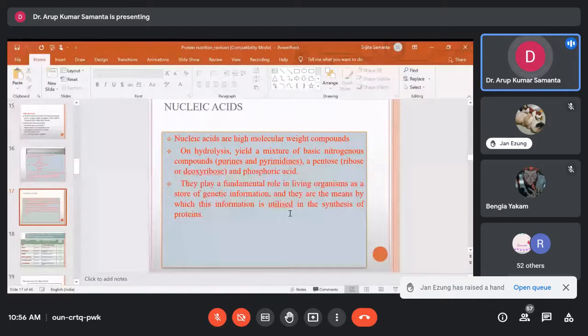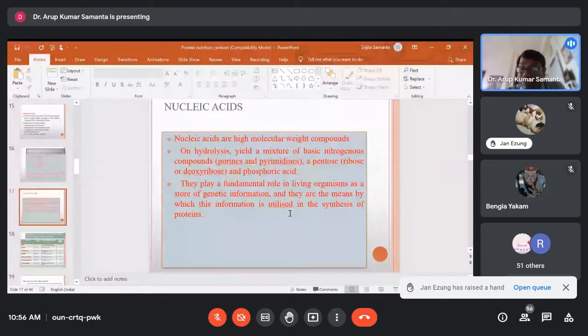So 3 things I told. 1% based on the total dry matter consumption maximum. If it is mixed in the concentrate mixture, it will be 3%. If it is used for poor quality roughage treatment for improving nutritive value, it will be 4%. Those 3 different values you have to keep in mind.